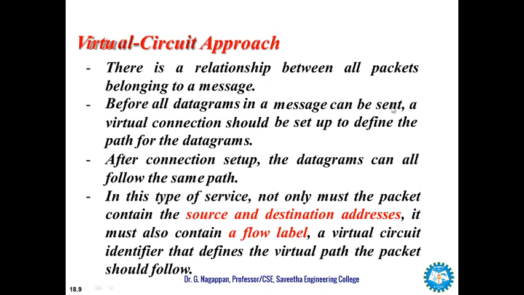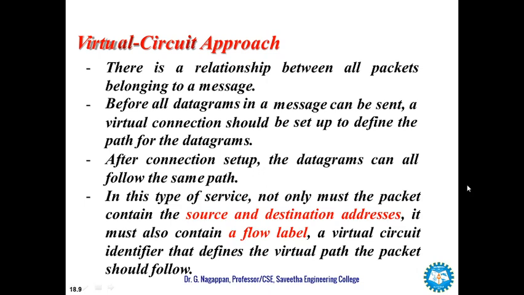Before all the datagrams in a message can be sent, a virtual connection should be set up to define the path for the datagrams. And after the connection is set up, all the datagrams follow the same path towards the destination.